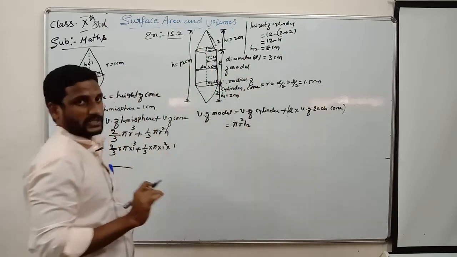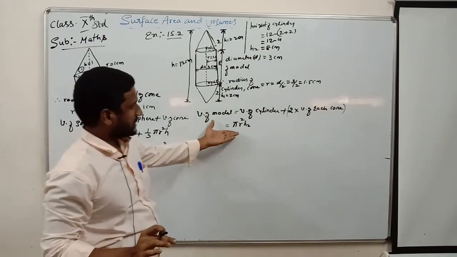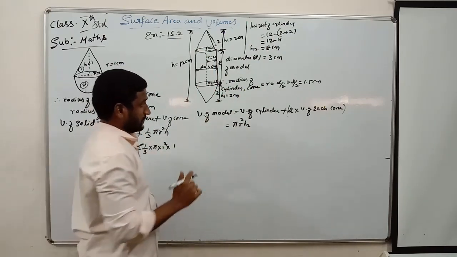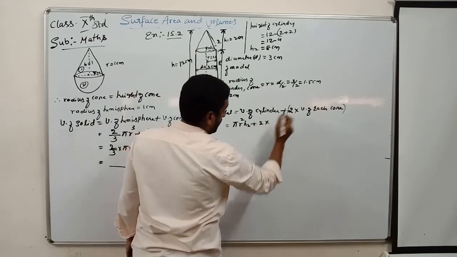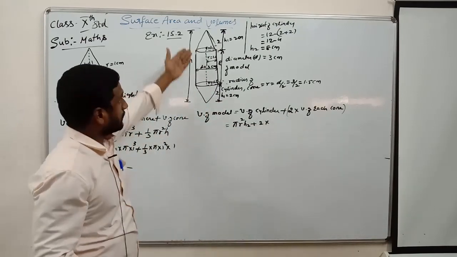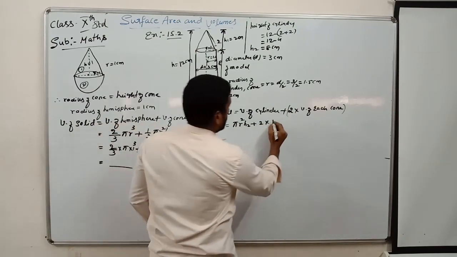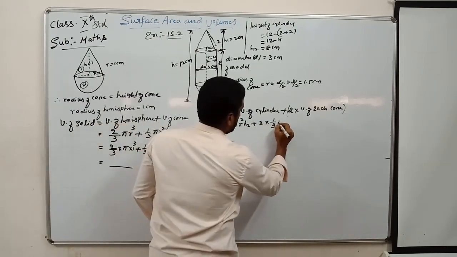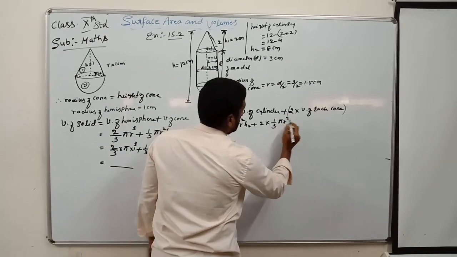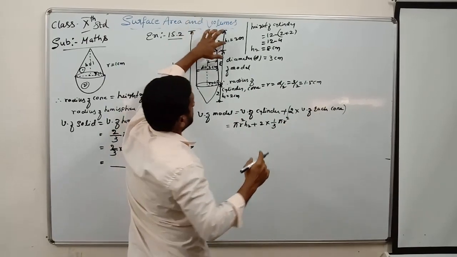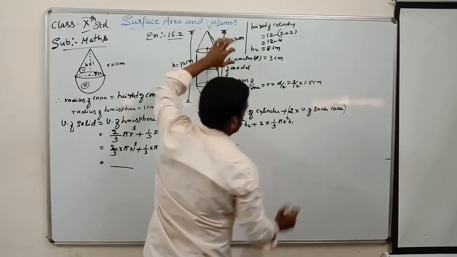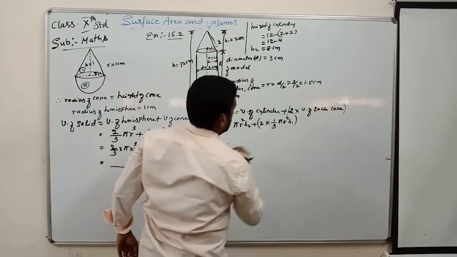So pi r square H2. Plus 2 into, what is the volume of each cone? The formula is 1 by 3 pi r square h. Which h is here? The height of the cone, that is nothing but H1. Use a square bracket.